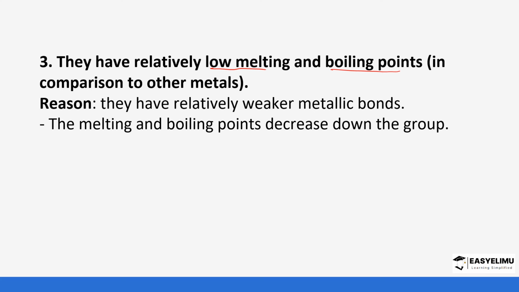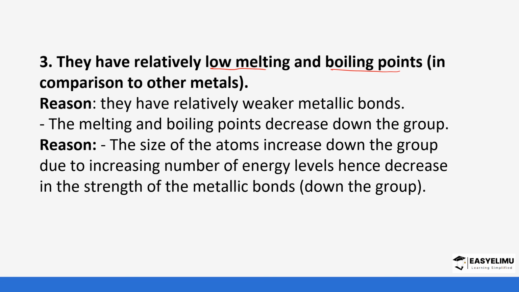You're going to be comparing them with other groups as well. The melting point and the boiling point decrease down the group. The reason is entirely the size of the atom, which increases down the group. If the size of the atom is increasing down the group, the strength of the metallic bond is decreasing.